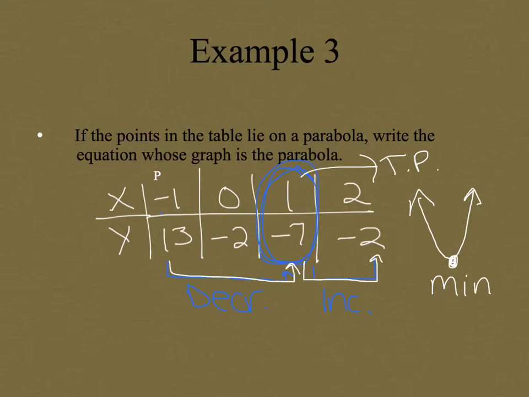So (1, -7) is going to be considered the minimum on our graph, which we already knew because -7 is the lowest y-coordinate in our table. So (1, -7) is a minimum, and it also is our vertex for the graph.